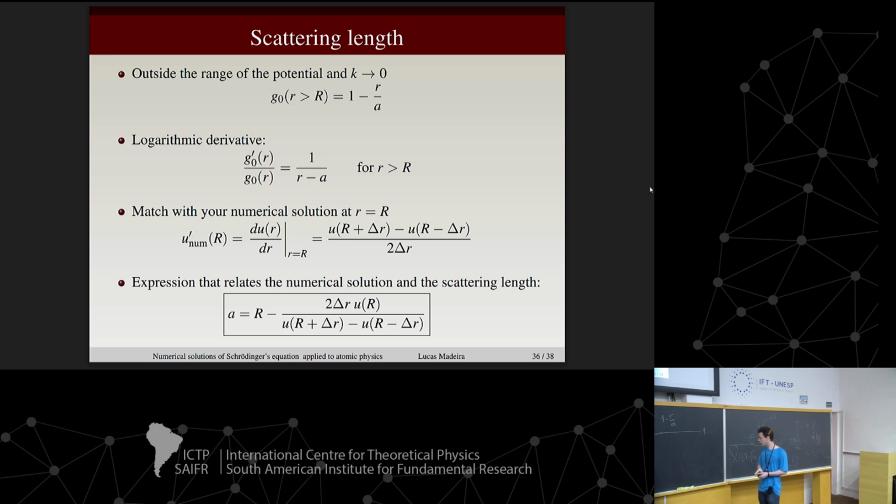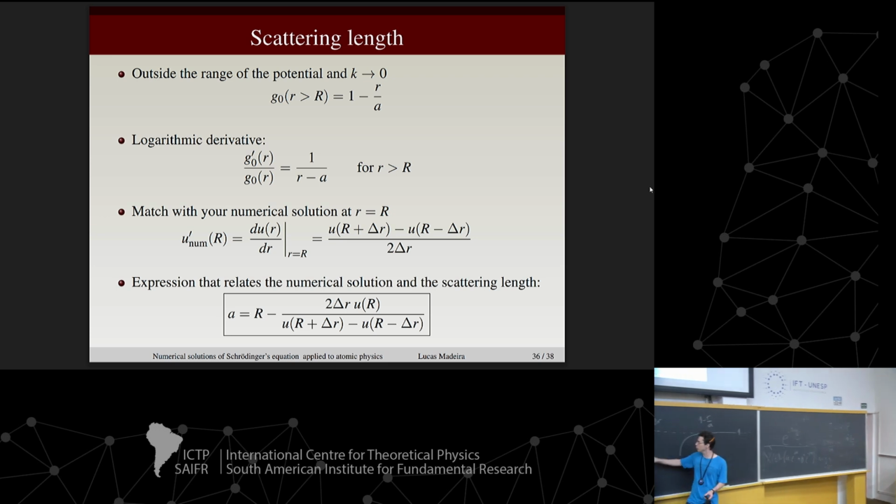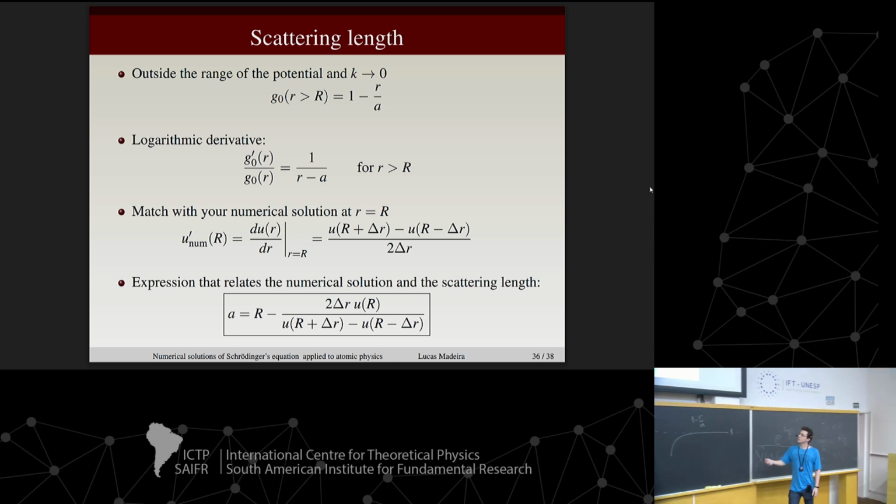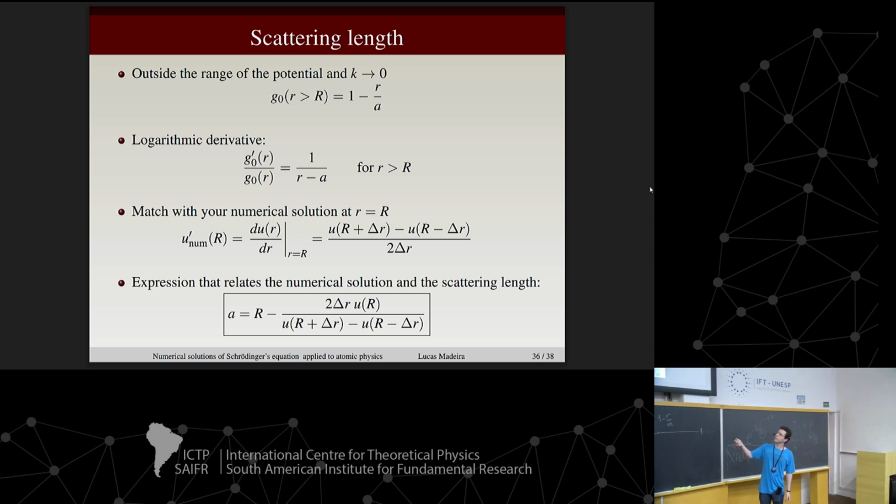So hopefully now it's apparent why I ask you to go over 1 point, because you're going to need these 2 points here to calculate the numerical derivative, okay? Once you did that, if I match this to this divided by the numerical value, I get this expression here for the scattering length in terms of the range of our potential, okay?